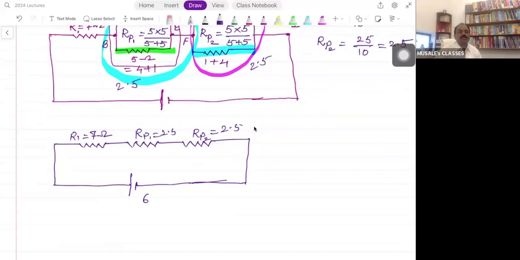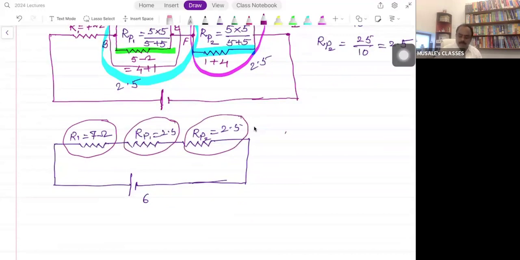Now R1, RP1, RP2 are in series. So the series combination RS is 7 plus 2.5 plus 2.5. That will be 12 ohm. Total final resistance will be 12.